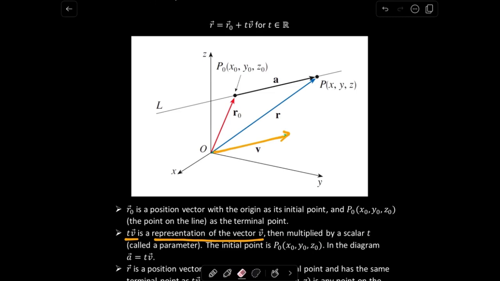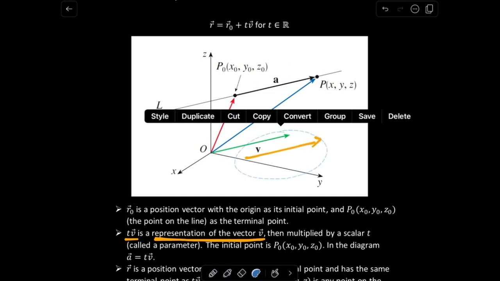So what we are going to do is take a representation of this vector. That's why it says it is a representation of vector v. Let's remind ourselves what a representation of a vector is. It's basically the exact same vector v, just no longer starting at the origin. It could start here, it could start here, it could start there, wherever in space you want, but its direction basically remains the same.